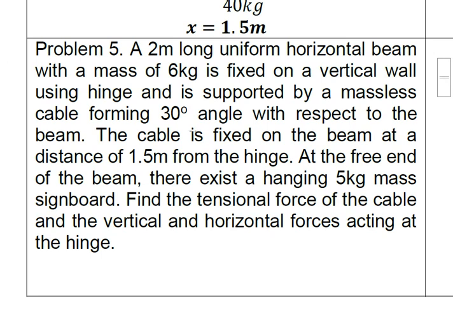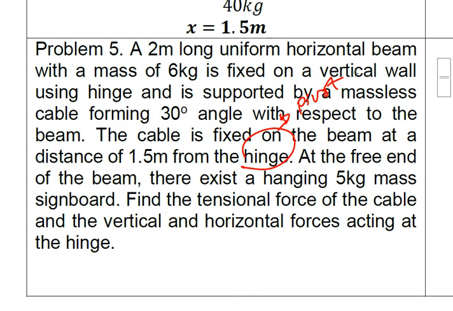Okay, the hinge here basically is our reference or the pivot. We can have this one as our pivot. At the free end of the beam there is a hanging 5 kilogram mass signboard. Find the tension force in the cable and the vertical and horizontal support forces acting on the hinge.